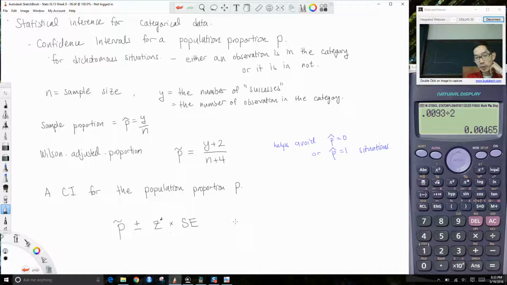Okay, and so as far as a 95% confidence interval goes, we're going to have p tilde plus or minus our z star, which is going to be 1.96, times our standard error.